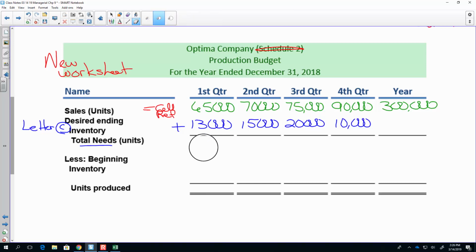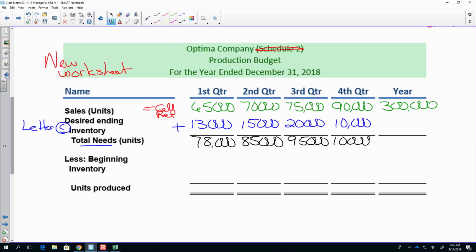I said black, not blue. 85, 95, 100. Okay, for the year column, what am I going to do? 10,000. Very good, guys. I'm just taking a cell reference, automatically transferring that 10 over, and then we're coming up with a 310,000 quantity level as our total needs of production.